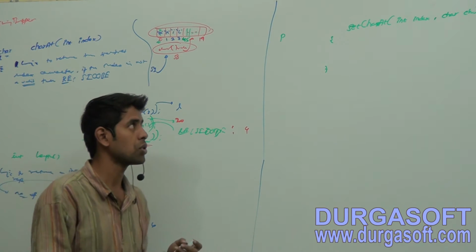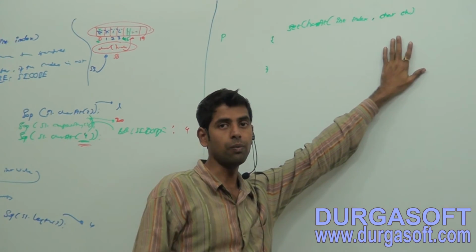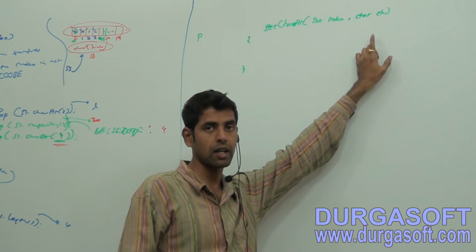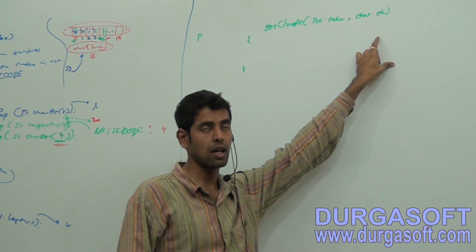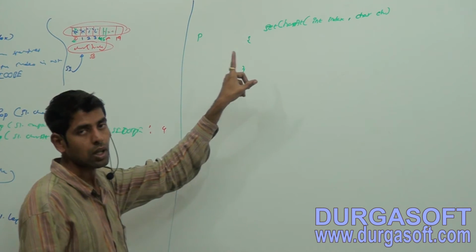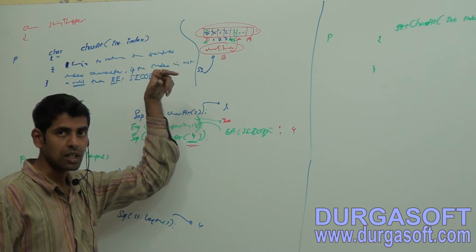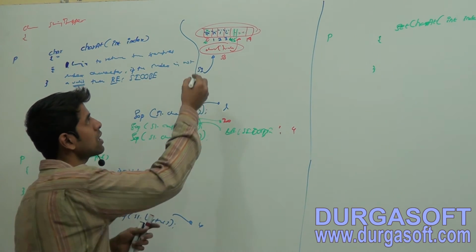Now observe here. This is a new character. The second argument is a character. If you give 0 here, 0 indicates which block data I have to change, that block index.